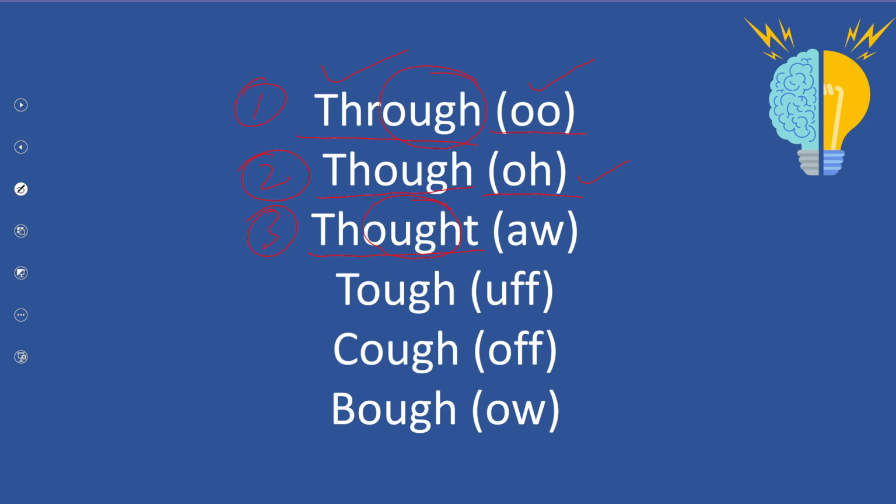Yes, here in the word thought, the sound is O. The O sound, thought. This is how we say it, and we write it like AW to help you with the sound. So, number 4, TOUGH. Again, we have the letter string OUGH, but this word is pronounced as tough.